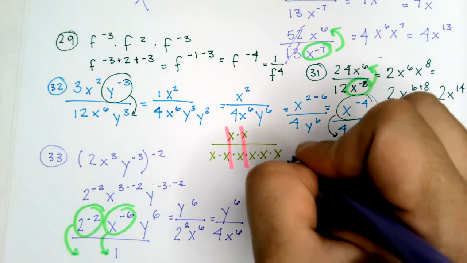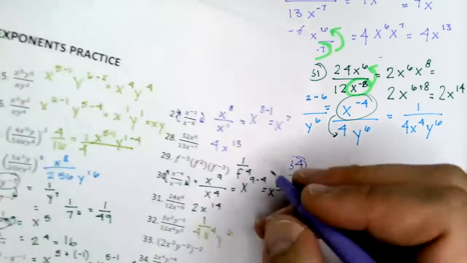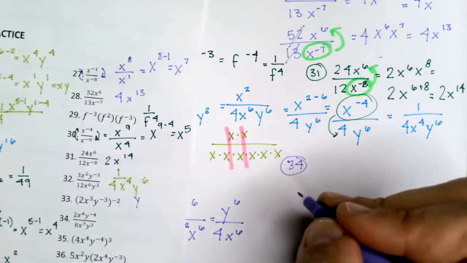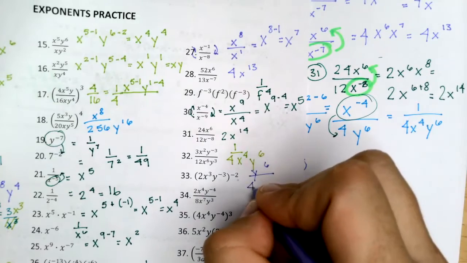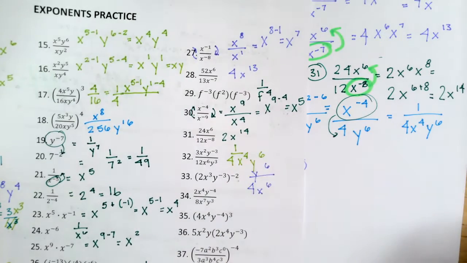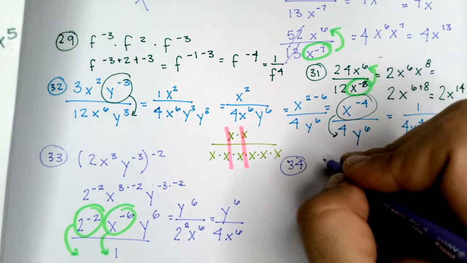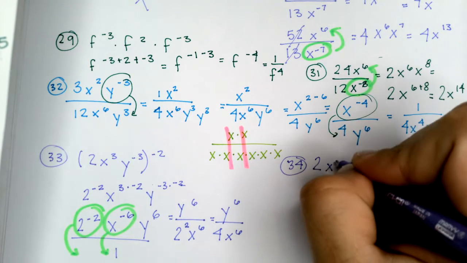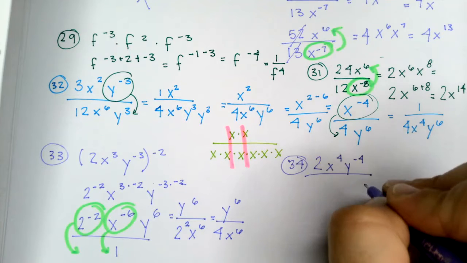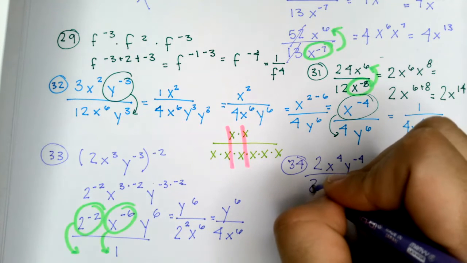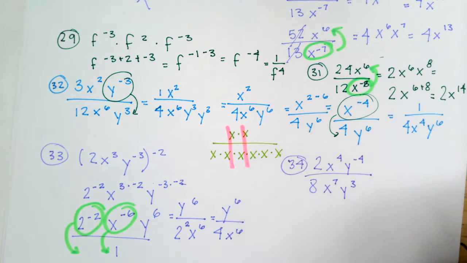34. So 33 was y to the 6th over 4x to the 6th. 34 is 2x to the 4th y to the negative 4 over 8x to the 7th y to the 3rd.